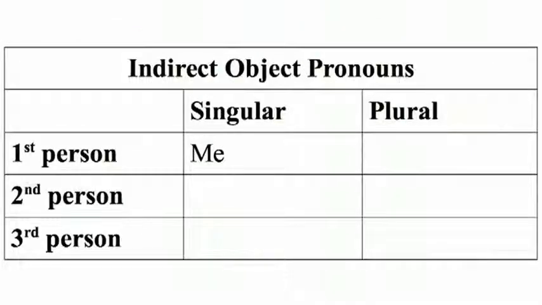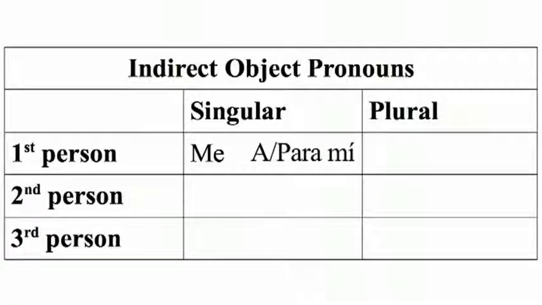Of course, there's one for each person, singular and plural, but there are no gender differences here. And the pronouns for indirect objects are the same for the first and second person, so you already know those. Me, to or for me, and the phrase you'll be replacing with me will be a mí or para mí.